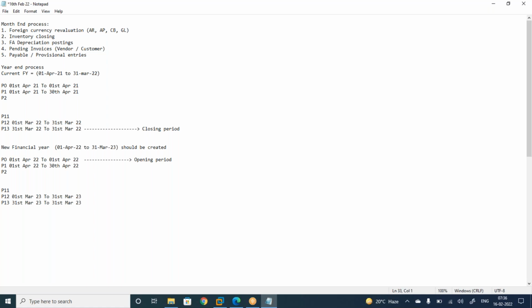So what balances will be transferred? The balances transferred are assets, liabilities, and equities, from period 13 of the current year, or the previous year.